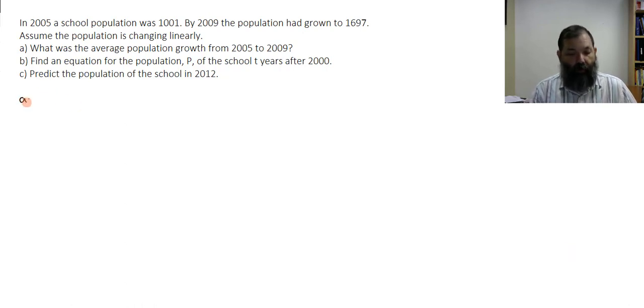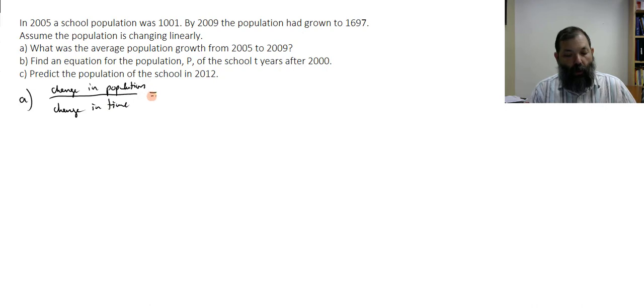All right, so for part A, to find that average population growth, let's find the change in population and divide that by the change in time. So over those years, the population increased, right?